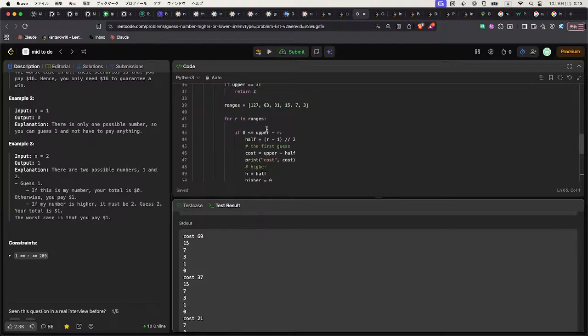The initial cost would be 37. What is it?